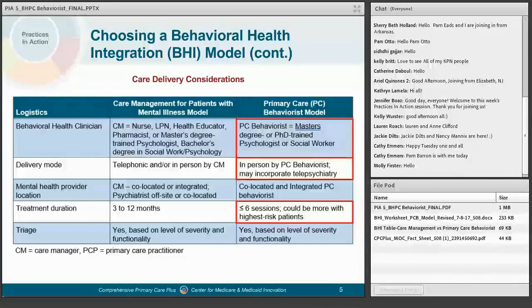Telepsychiatry can be incorporated as well. The behaviorist tracks and monitors patients as part of overarching care. Targeted treatment sessions are typically time limited, but can be adjusted based on the needs of the highest risk tiered patients.